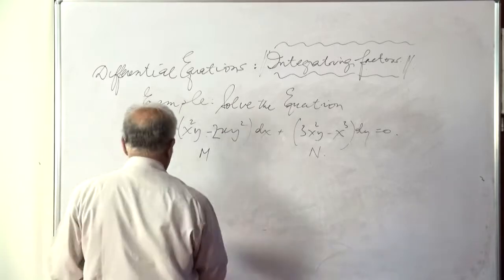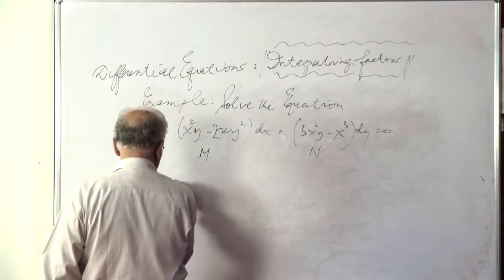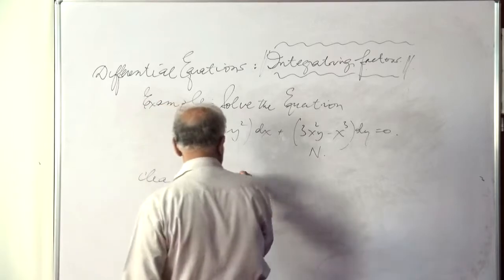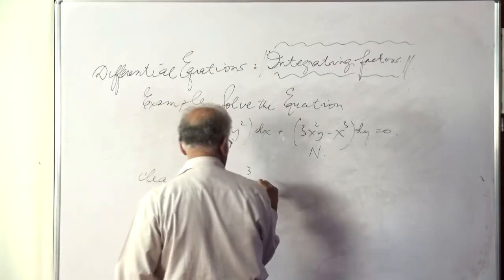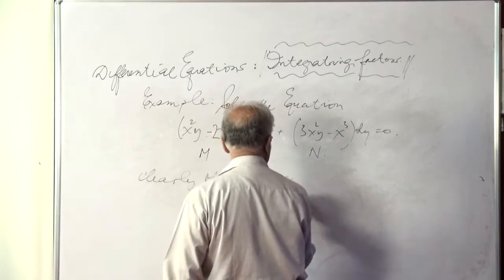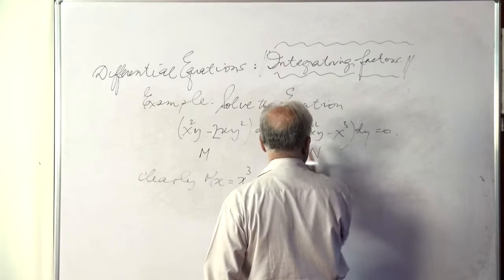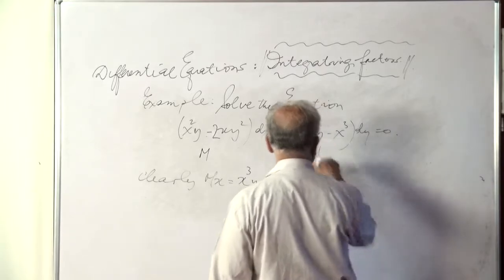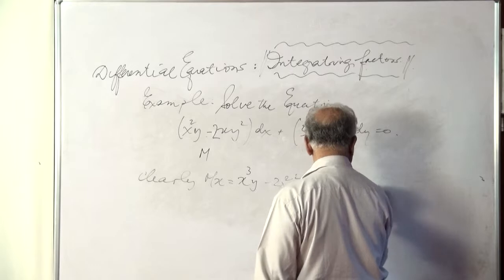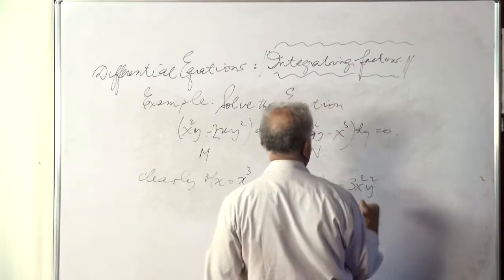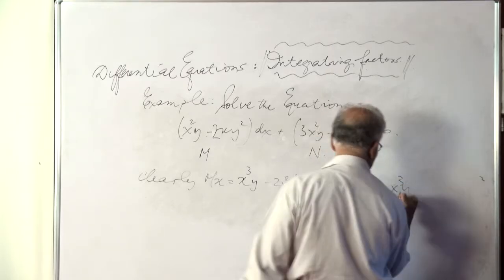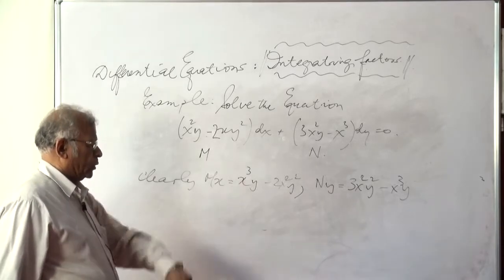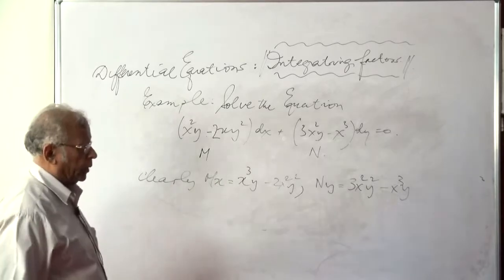Clearly, Mx is this multiplied by x, so x cubed y minus 2x square y square, and Ny is this multiplied by y, so 3x square y square minus x cubed y.